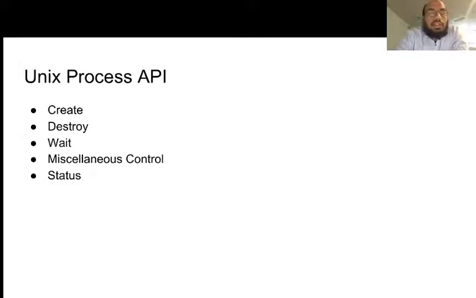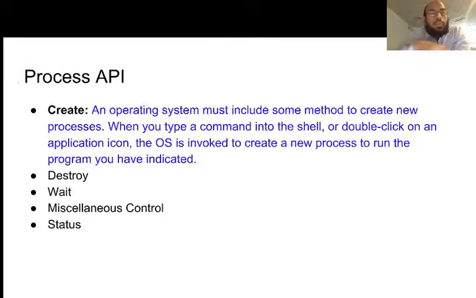Unix has a different philosophy, and it's basically that the Unix process API should do the following. It should be able to create a new process, destroy a process, wait for a process to finish, have some miscellaneous controls, and have a way to check the status of the process. So, create a process. An operating system must include some method to create a new process.